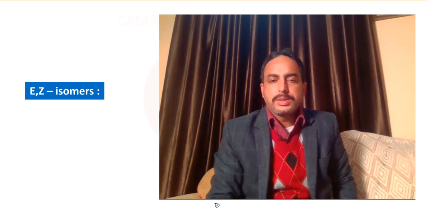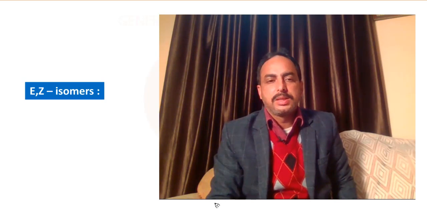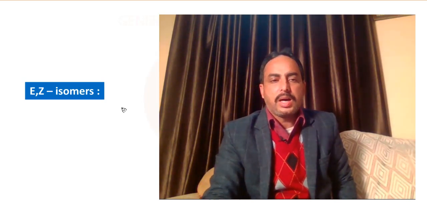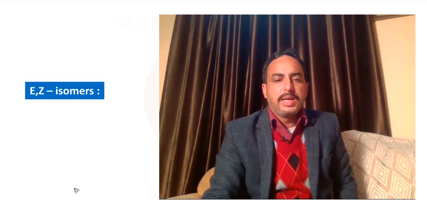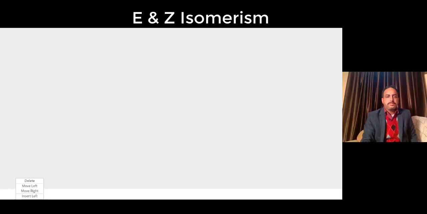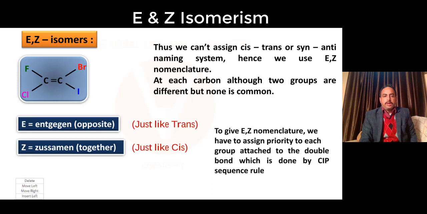Today we are going to discuss a very important topic, that is E and Z isomerism. In E and Z isomerism, E means entgegen, which is opposite, whereas Z, from zusammen, means together.